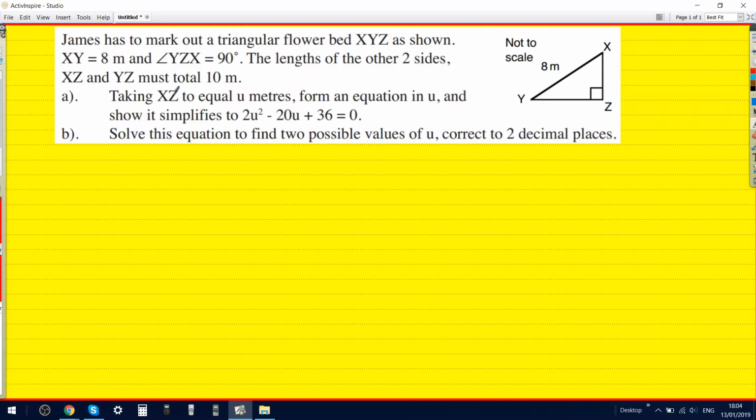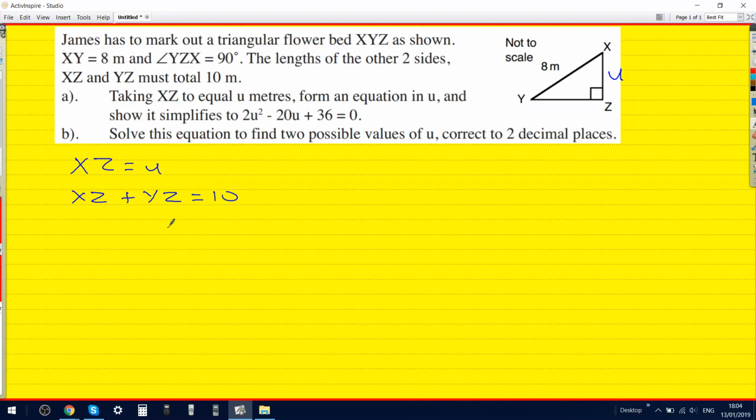So it says XZ is U. So that's U. And the other two sides, XZ and YZ. So XZ equals U, and XZ plus YZ equals 10.